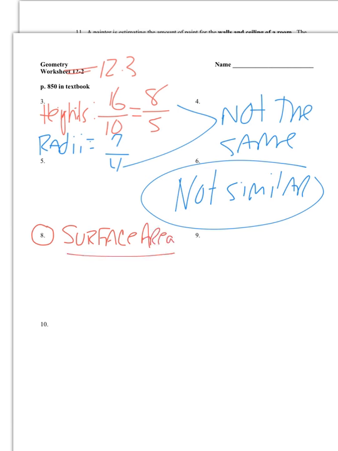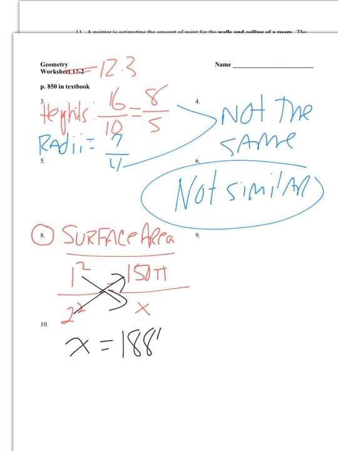That's going to be 1 squared over 2 squared equals 150 pi over x. Then we cross multiply, and we get an x of 1884.96 inches squared.